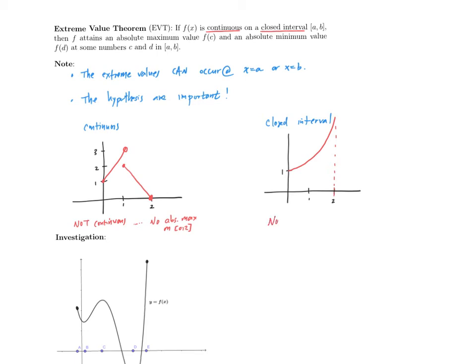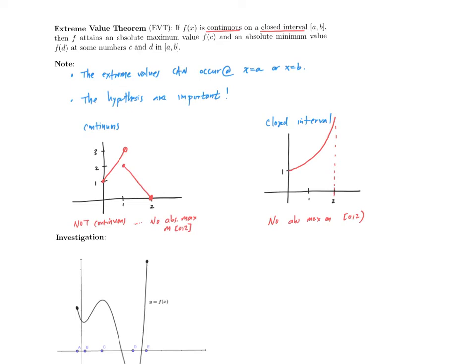So note, there is no absolute maximum on the interval going from 0 but not including 2. So when that closed interval hypothesis is not satisfied, there's no guarantee of having an absolute maximum and an absolute minimum. So I realize these are kind of subtler points, but for a mathematics course, it's always interesting to know how important those hypotheses are to a given property.